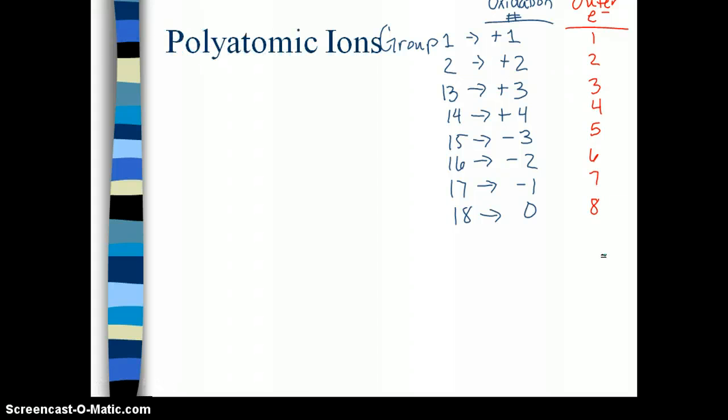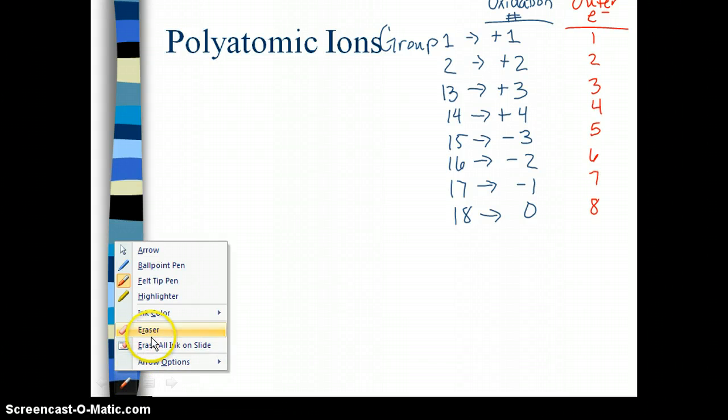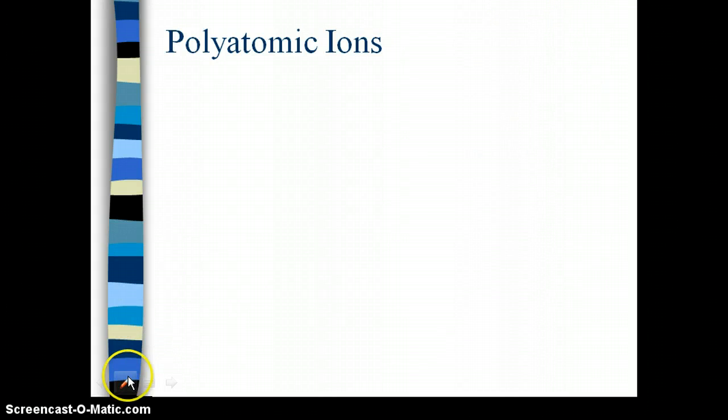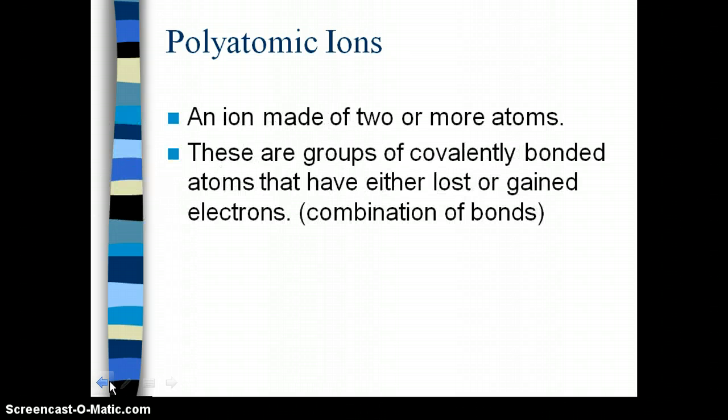And then the last thing that we're going to look at today is polyatomic ions. Now these are kind of unique, and basically what they are is atoms that are already chemically combined, but then they pretend to be an individual atom and still bond with something else.